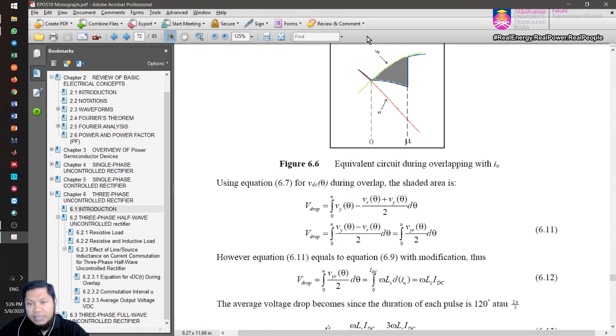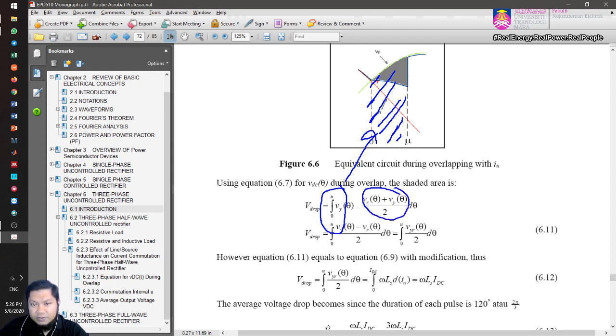When we integrate, we get the area under the curve. If you integrate Vy, you get the whole area under the curve. If you integrate this, you obtain only this area here. So if you subtract, you get the missing area.